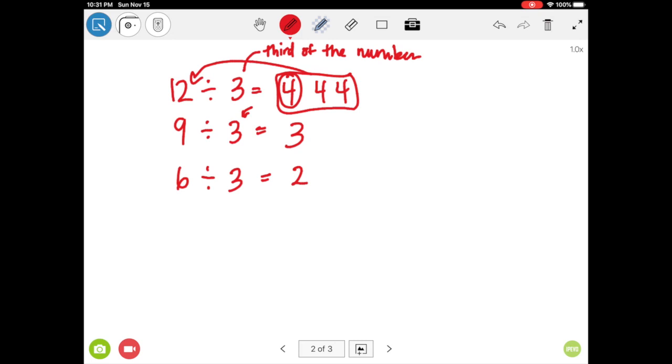And so 3 3s would get me to 9. So 9 divided by 3 is 3. 6 divided by 3 is 2. So when we're dividing by 3, we're taking a third of that number. So we're going to apply that now in our next method for dividing a fraction by a whole number.